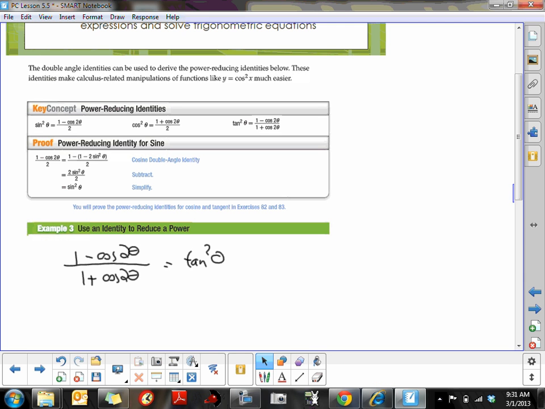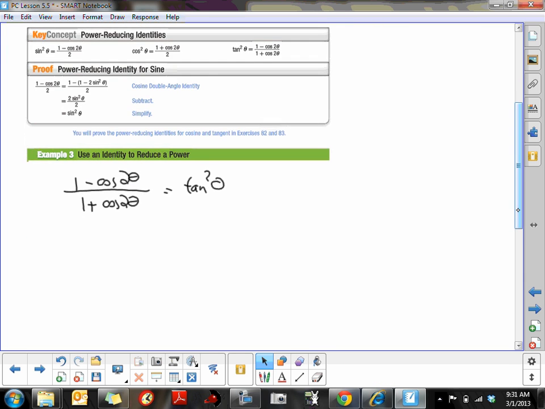Thinking about tangents, tangents are sine over cosine, so in the back of my mind I've got to have a sine over a cosine of whatever our variable is. We've got options here on our cosine of 2 theta, and that's how we're going to use those. We want to end up replacing the cosine of 2 theta with a sine version of it.